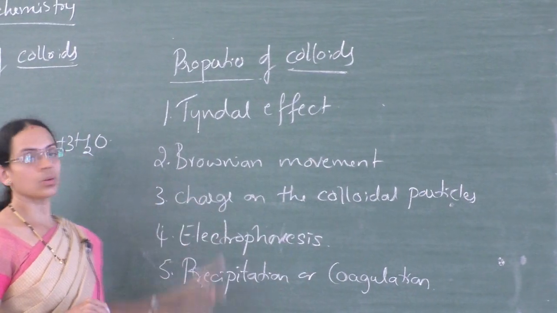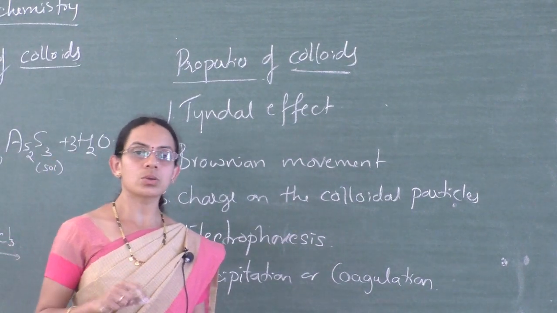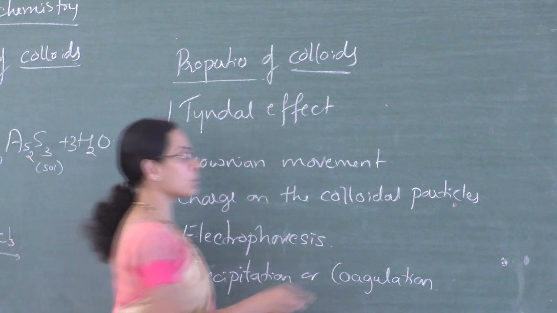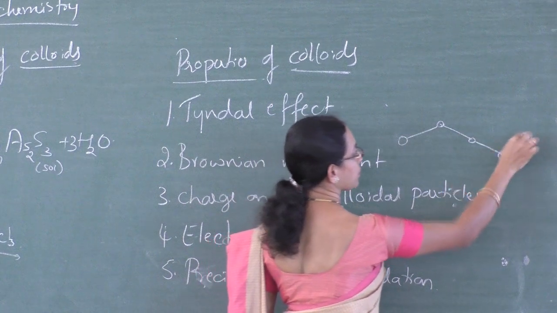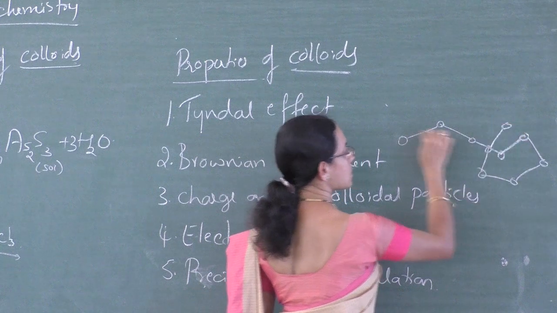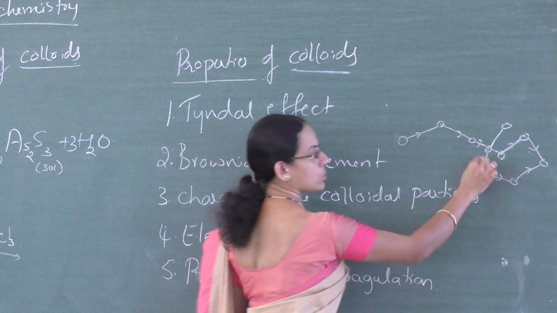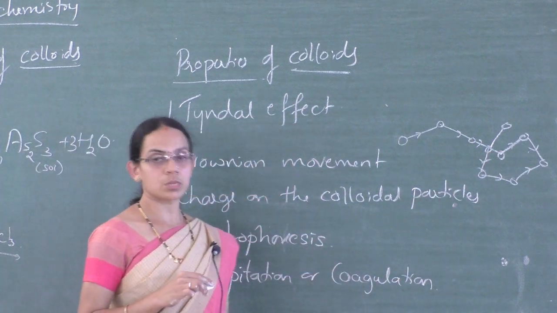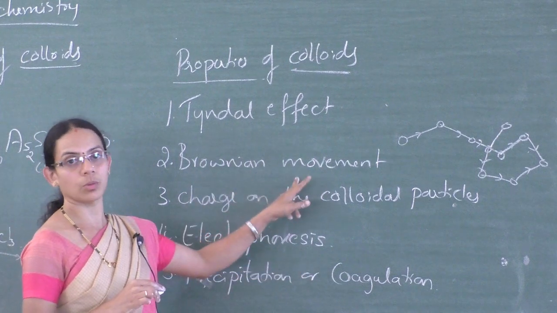And next is the Brownian movement. Again, when the colloidal solution is viewed under a high power ultra microscope, we can observe that the dispersed phase particles are in a continuous zigzag motion. This continuous zigzag motion was first studied by British botanist Robert Brown, hence it is named Brownian movement.